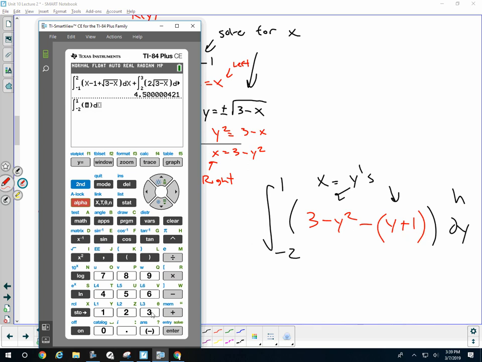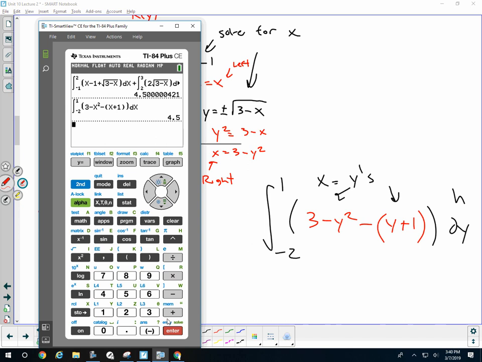So just plugging things into our calculator doesn't care what we're doing. Sorry, it's a 3. 3 minus x squared, we can use x's, minus, I'll throw in this. And what should we see? The exact same value. It's even more accurate because there's less craziness going on, okay?